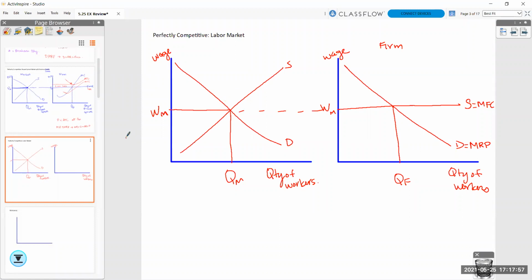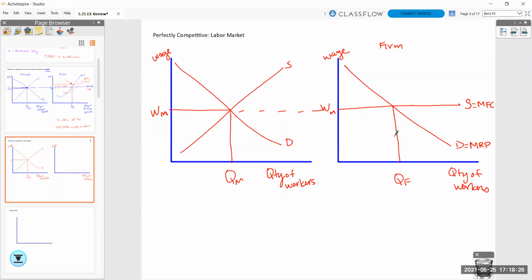So you're going to see things about resources that are substitutes or complements, or the one that we did yesterday or today when it talked about the insurance. Each worker was going to have to buy their own insurance. That was going to impact the market supply. That was not going to impact the firm directly. It impacted the market, and then the market wage is going to impact the firm.